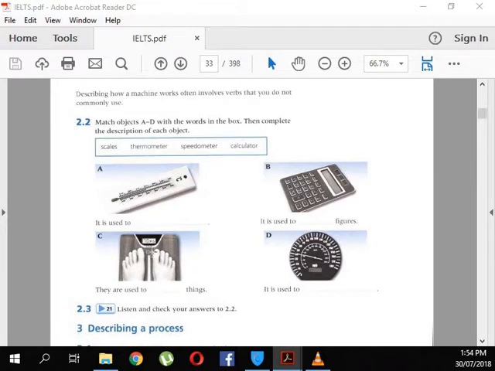It depends on the instrument that you're using. So A, what is A? Temperature. It's a thermometer. B, calculator. It is used for calculating figures.